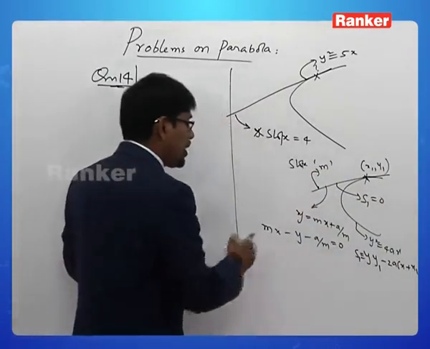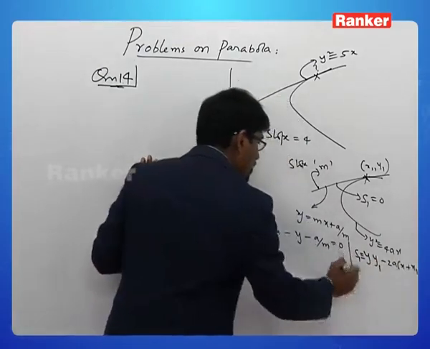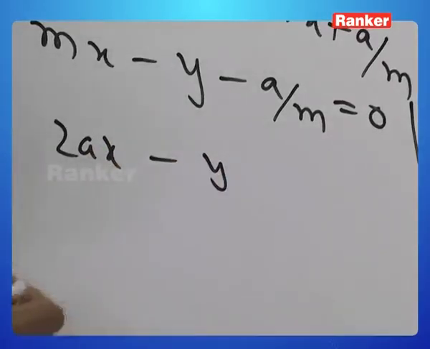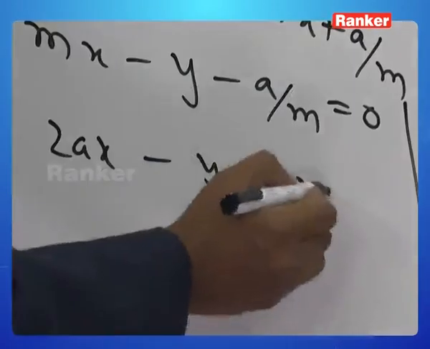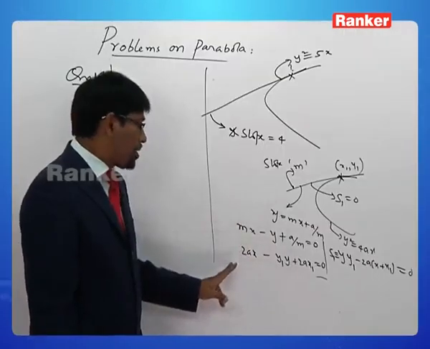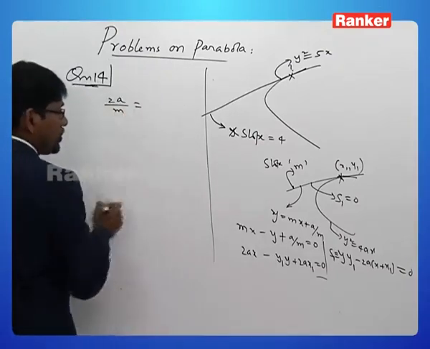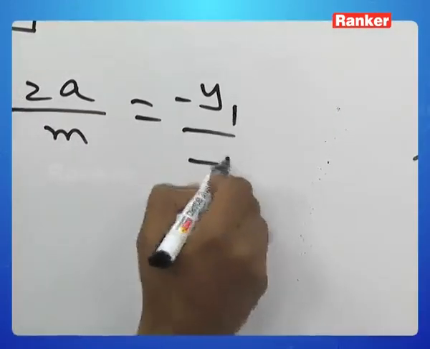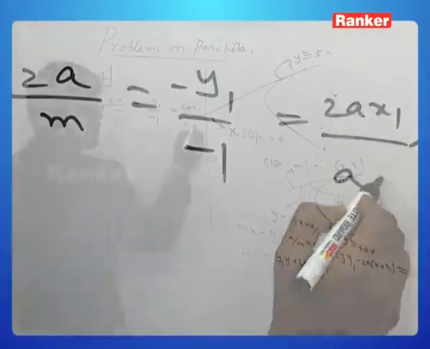So rewriting this equation, S1 equal to 0 is the equation of the tangent: 2a into x minus y1 into y plus 2ax1 is equal to 0. I can rewrite the equation like this. Now comparing these two equations, what we have here is 2a by m is equal to y1 by 1, and that is equal to 2ax1 by a by m.